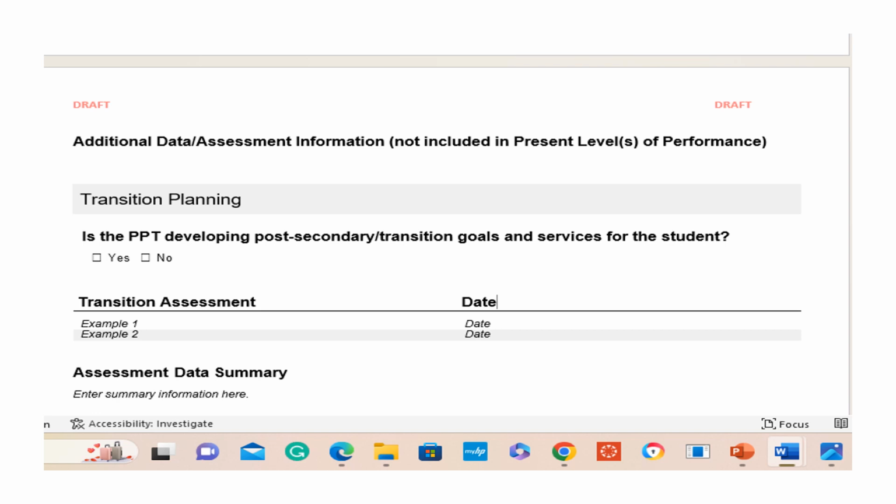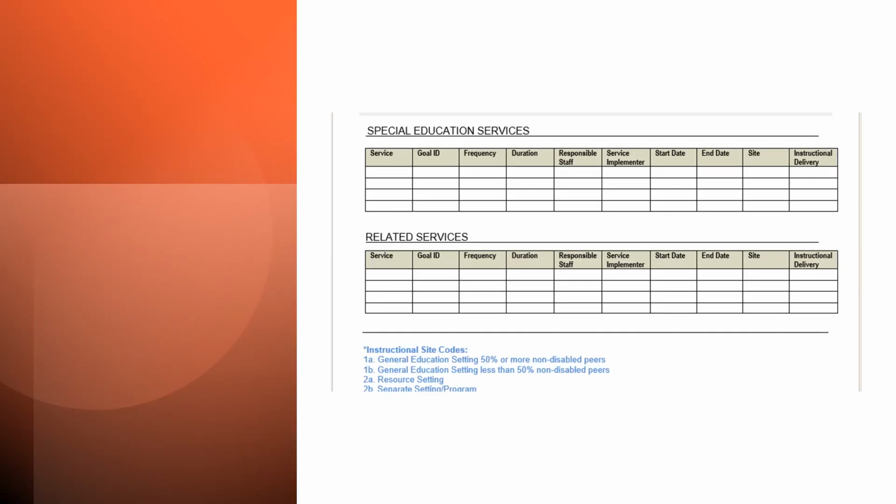And then see, the special education services or related services. So this is really the least restrictive environment page. I didn't take a screenshot of the entire thing, but this is just, how long would the student be in the least restrictive environment, which is the classroom with his or her peers?